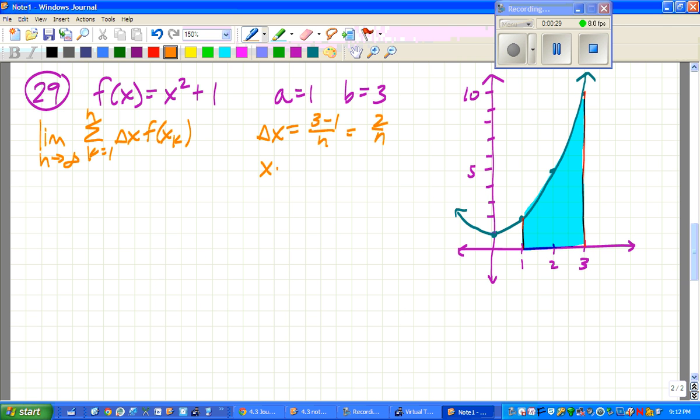X sub k, that's going to be a plus k times delta x. So our a is 1 plus k times delta x, which is 2 over n.